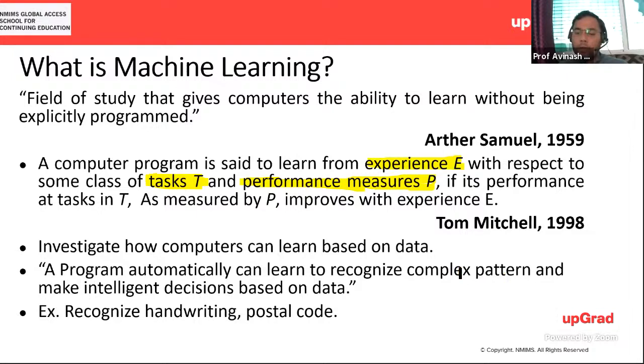For example, complex patterns mean handwriting recognition, recognizing postal codes, recognizing directions, recognizing objects like a face, car, or any vehicle. So object detection kind of thing also comes under machine learning, but this is the very bigger picture.